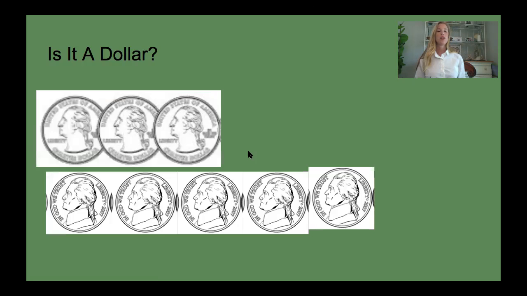Okay, we've got one more that we're going to practice today. I want you to decide, does this equal $1? Yes or no? All right, so I look at the screen and I notice that I have 3 quarters, and I know once again that those 3 quarters equal 75 cents.